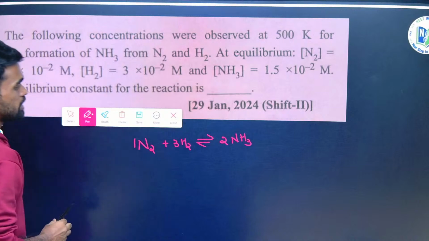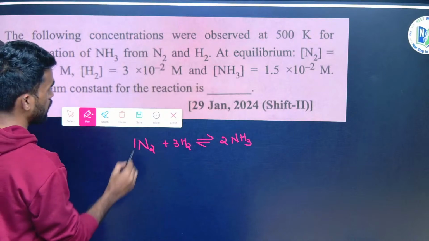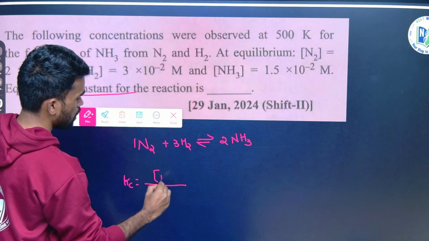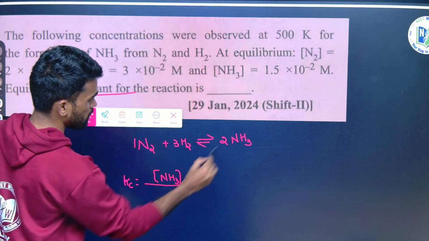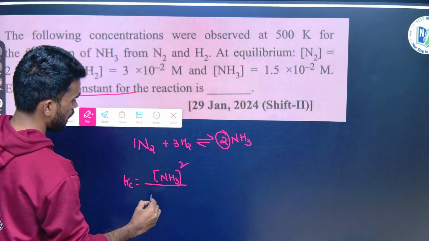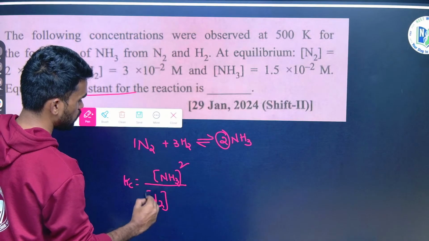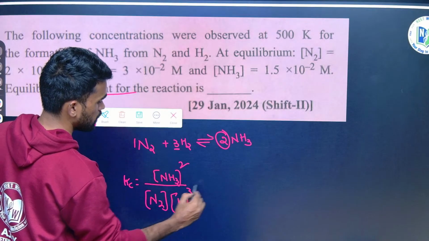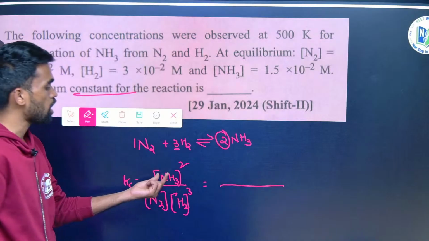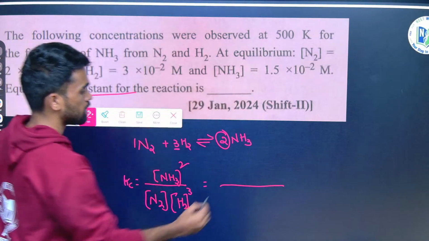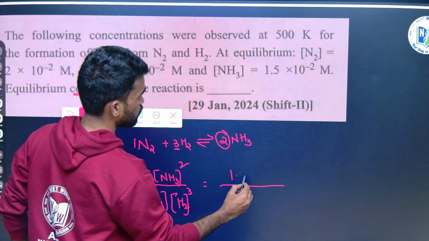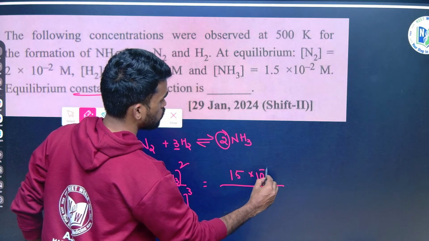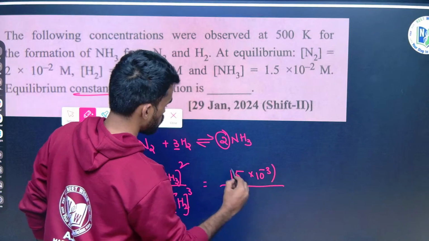After this, what they are asking is the equilibrium constant value. Kc means concentration of product ammonia to the power of its coefficient, here 2, over concentration of reactants N2 and concentration of H2 to the power of its coefficient, here 3. What is the ammonia concentration at equilibrium? That is given as 1.5, so I can write 15 into 10 power minus 2 to the power 2.